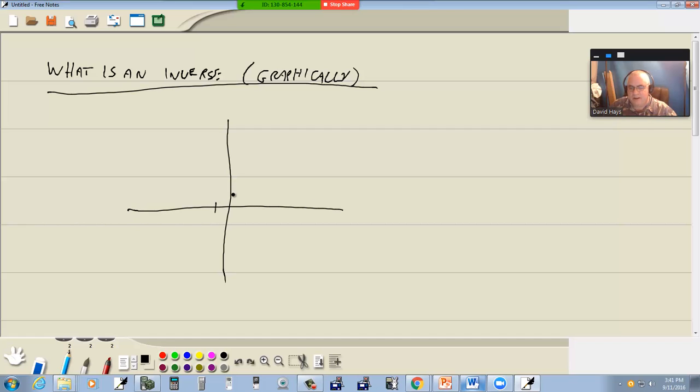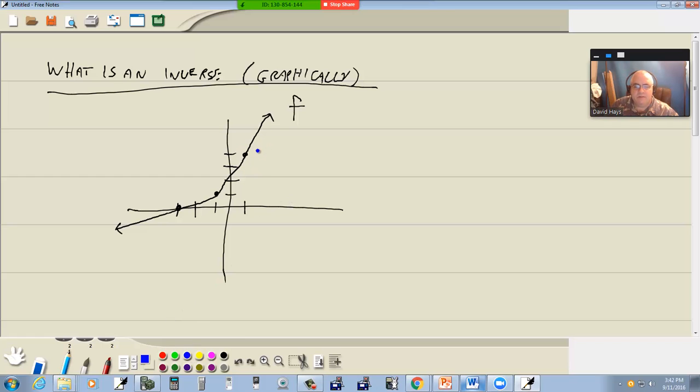It would actually help if I could draw this without having my lines crooked, but okay, so let's say this is our function, and we want to find our inverse.